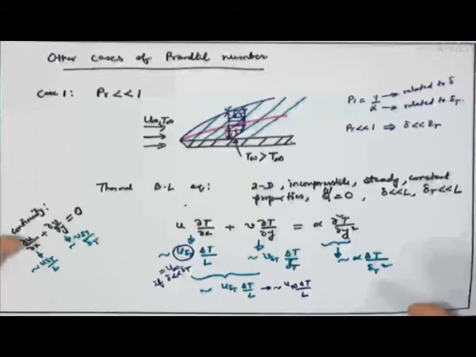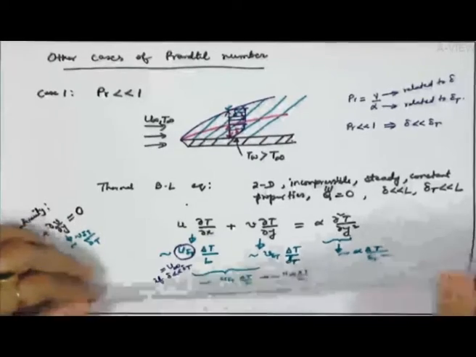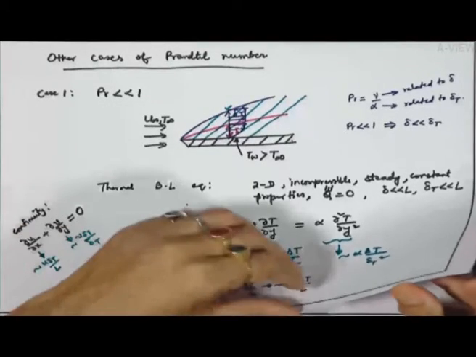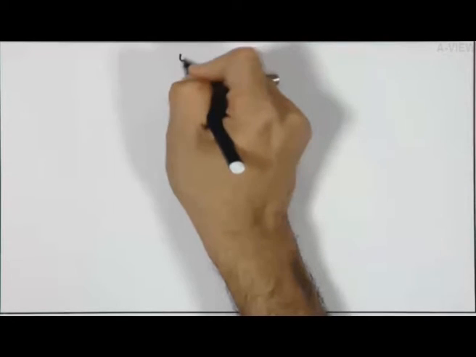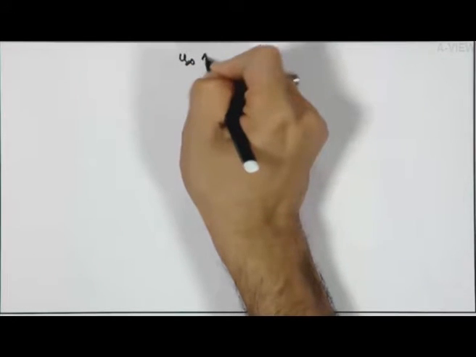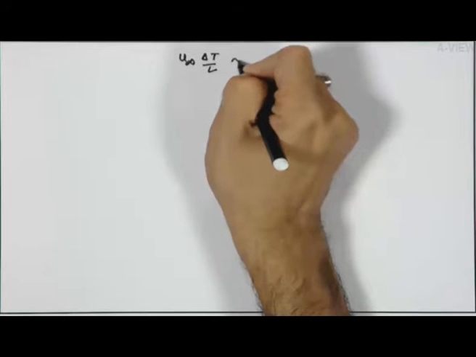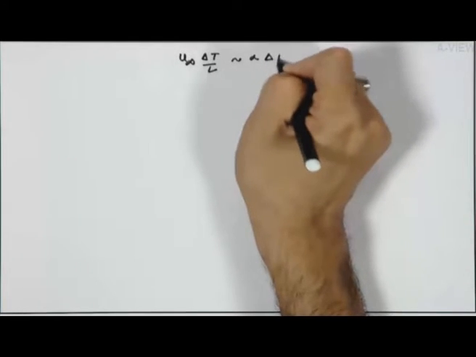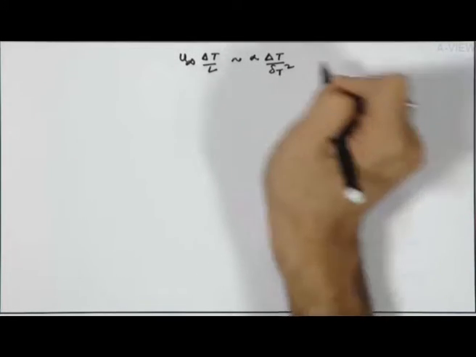So, physically we can write, U infinity delta T by L is of the order of alpha delta T by delta T square.